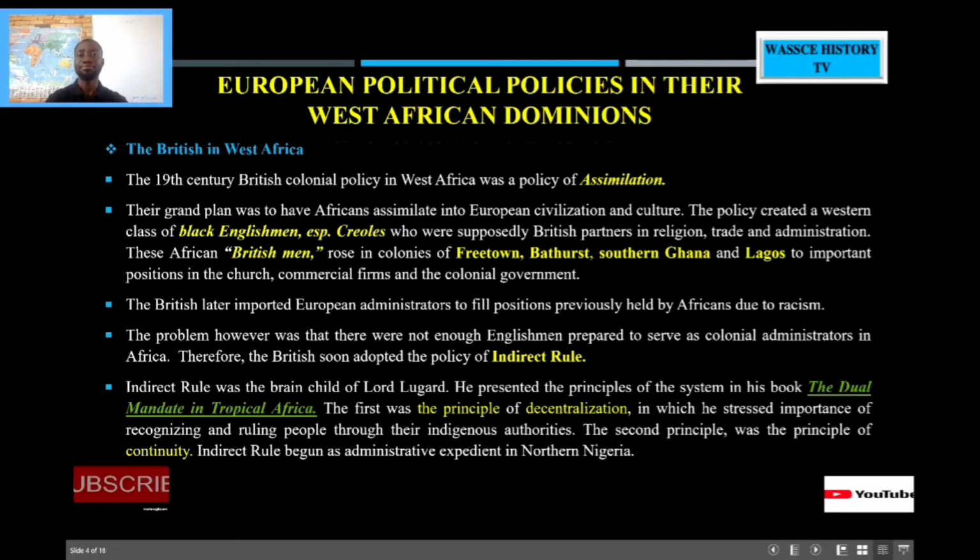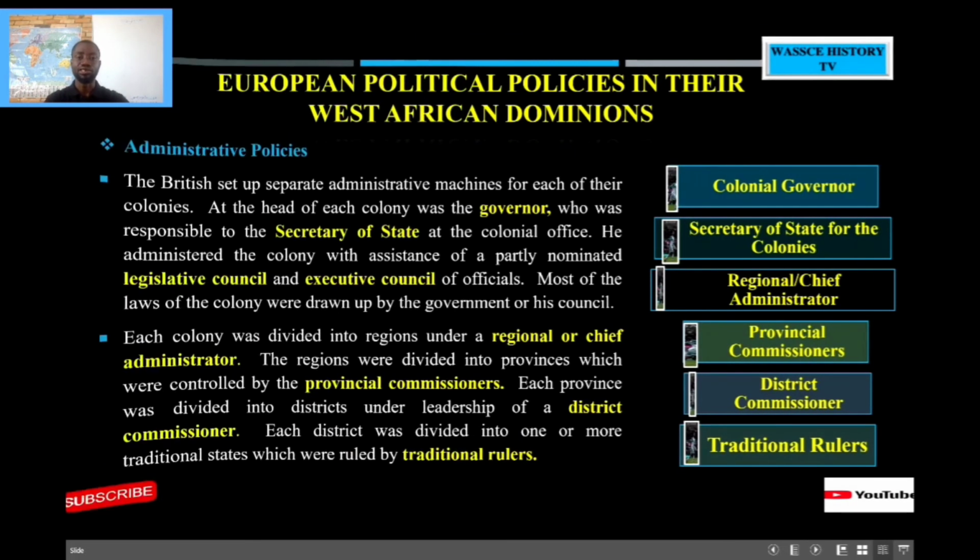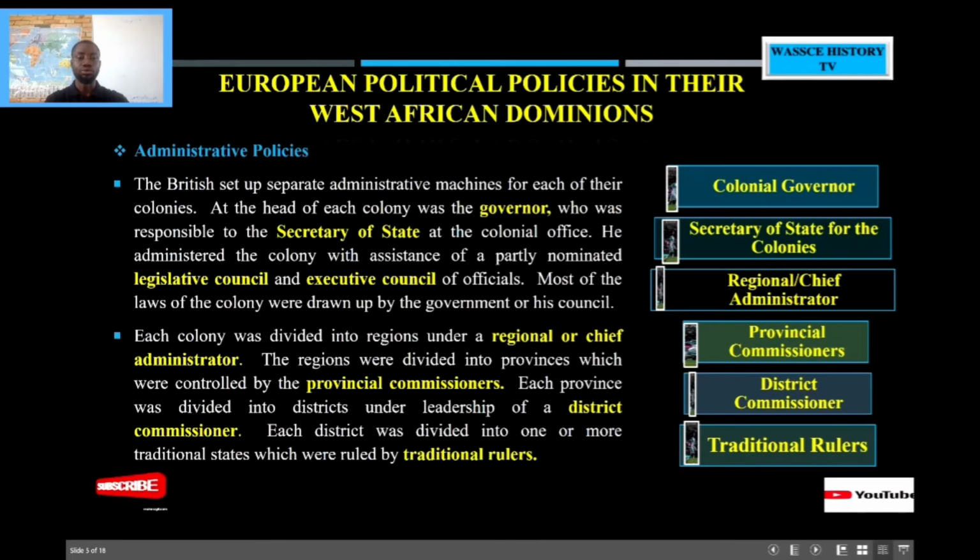And this is one thing I like about the British indirect rule, in the sense that they preserved the powers of the chiefs, even though in some instances they were a mere puppet, but they did not destroy it, as we will look at in the French administration. So they started to use this policy in northern Nigeria, which worked quite well, and so they brought it to the Gold Coast as well.